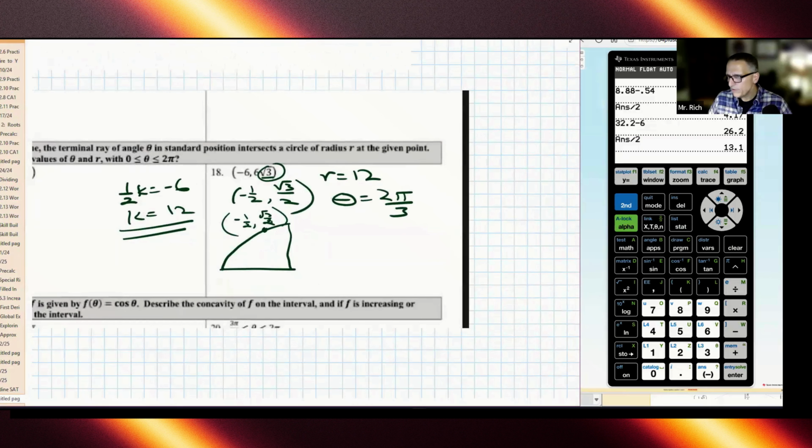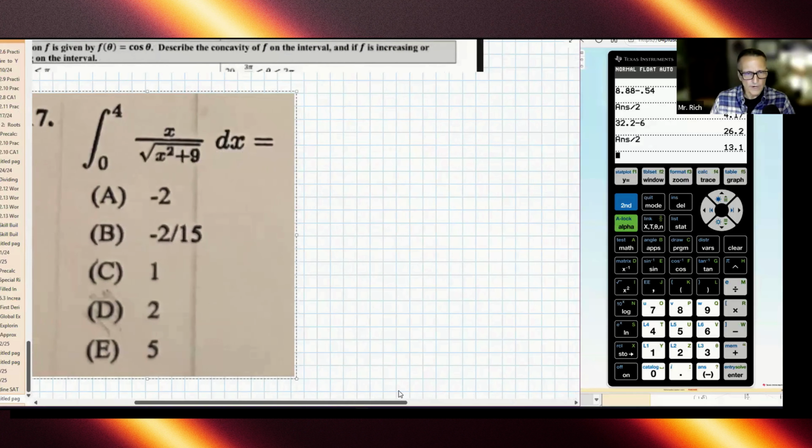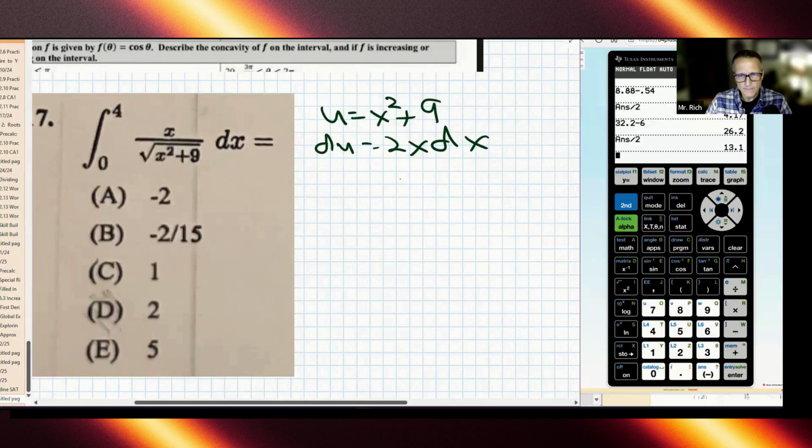Next, we're going to go and do a calculus problem. We have a definite integral from 0 to 4 of x over the square root of x squared plus 9. We are going to try u-substitution on this and let u be the x squared plus 9, which means du will be 2x dx, which tells me dx is du over 2x. I'll construct my new integral.